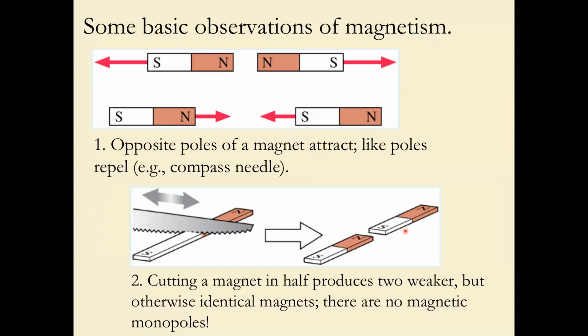Still, both magnets will have north and south poles. So from here we can say that there are no magnetic monopoles, which means that each magnet has definitely two poles. And none of the magnets has only a north pole or only a south pole. So all the magnets have both north and south poles. This is very important.